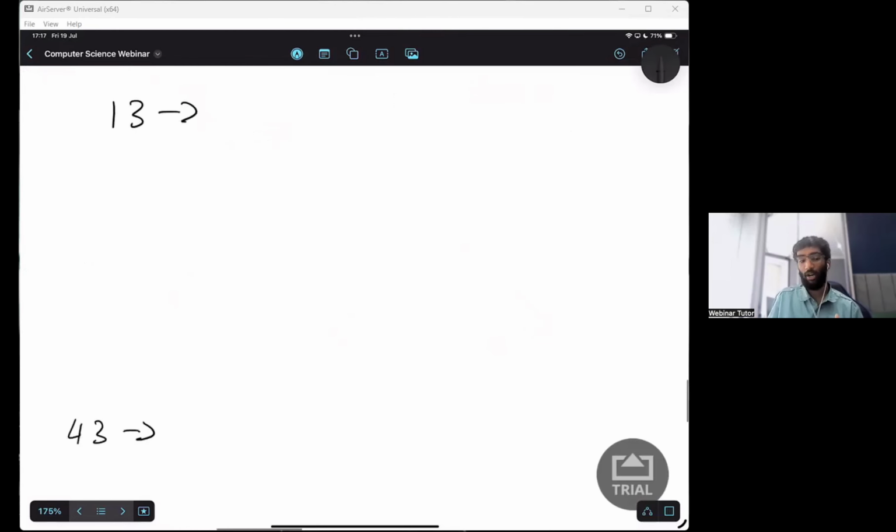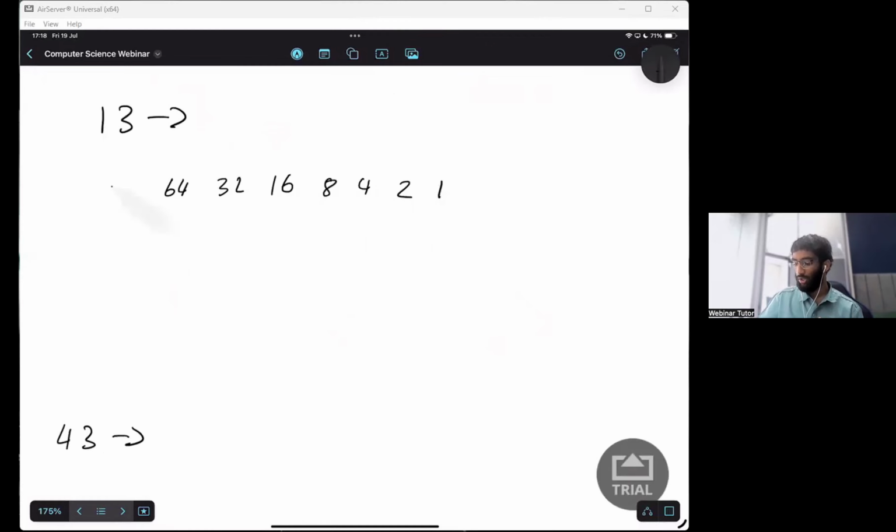Now we're going to look at converting denary to binary. We looked at converting binary to denary, now we're looking at converting denary to binary. So the first thing we're going to do is write out our values, starting from 1, 1, 2, 4, 8, 16, 32, 64, 128. You'll see why in just a second, but this will make our lives easier.